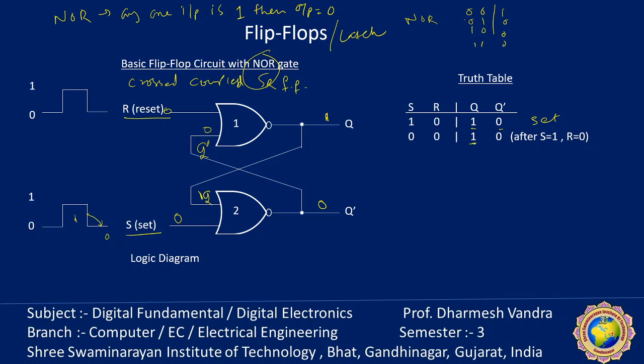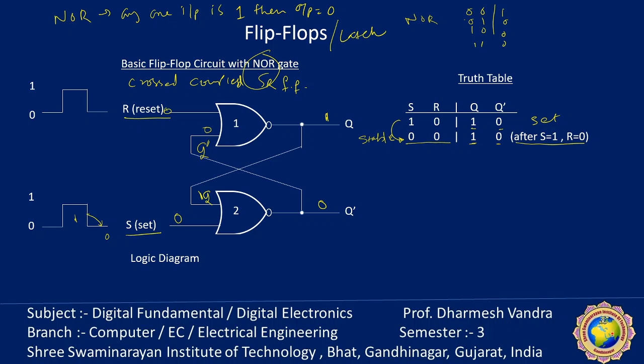So it remains the same. This is a special situation that occurs after the previous condition, set is 1 and reset is 0. After this condition we can say that this is a stable state, meaning whatever the previous output was remains the same, there is no change at the output side.